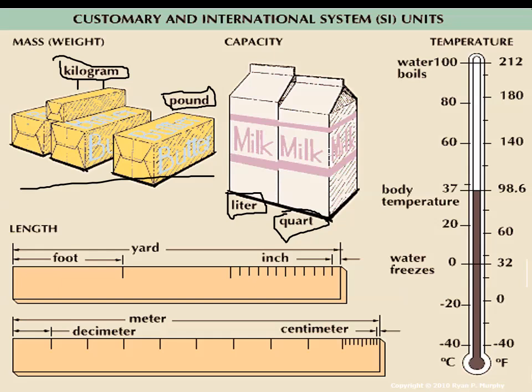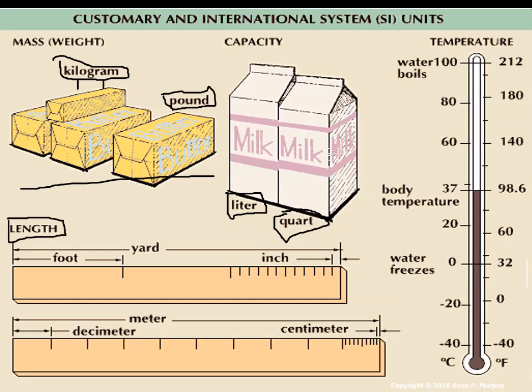Now, I think we're kind of familiar with that because we know about 2-liter bottles of soda and that kind of stuff. But what exactly are we measuring here? Well, in this case, we're measuring an amount of stuff, like how much milk, how much space does that take up? That's what we're measuring with those units. And we've already talked about the idea of measuring length.